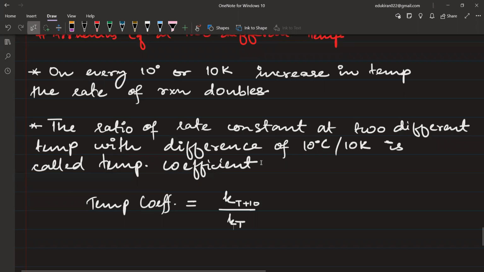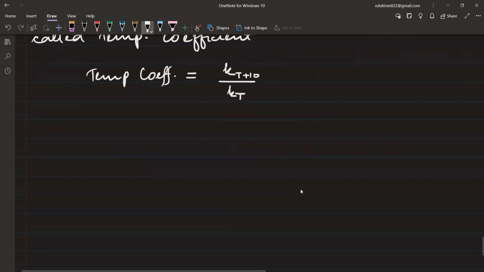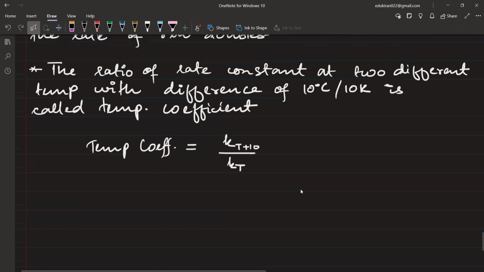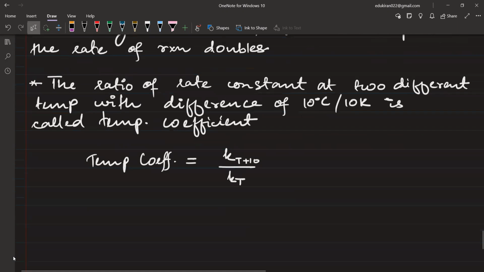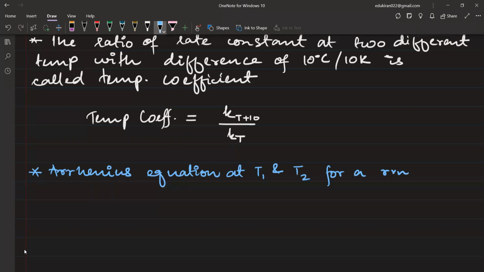Yes sir, done. Okay, now this was only for when you have a difference of 10. Now please write Arrhenius equation at T1 and T2 for a reaction.